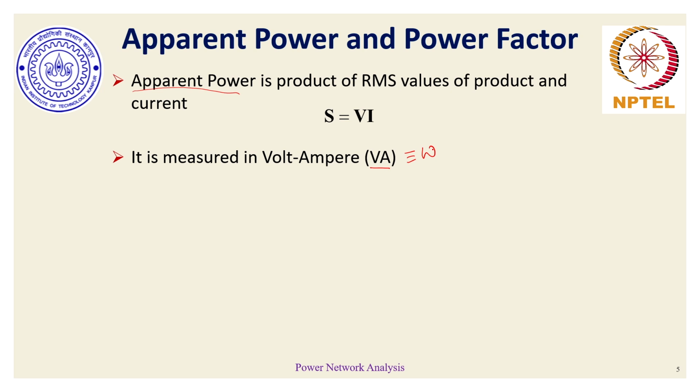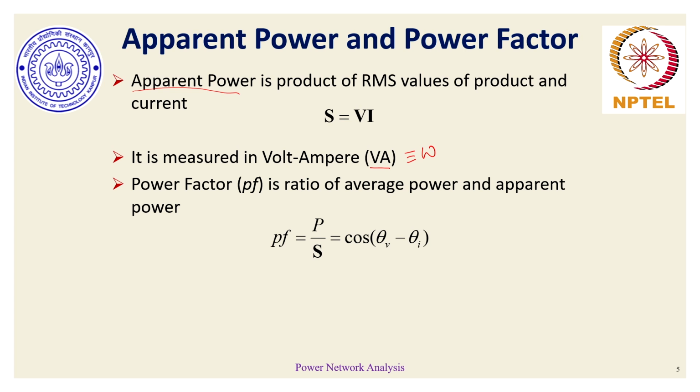Just to segregate apparent power from real power, the units are defined slightly differently, although mathematically they are all similar. And we can also define power factor as the ratio of average power and apparent power, which leads us to this cosine term, cosine of the phase angle of voltage minus the phase angle of the current phasor.